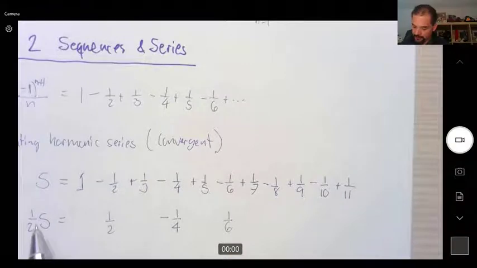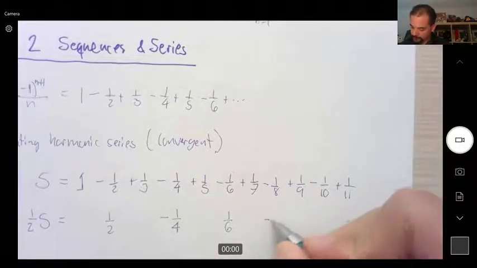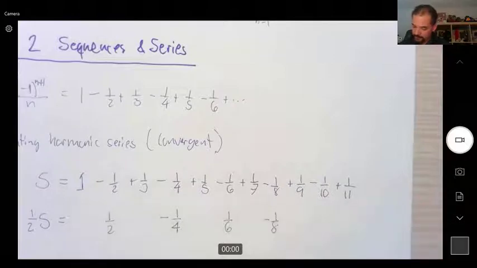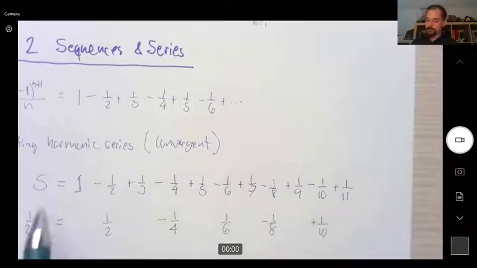And then 1/2 times negative 1/4 is negative 1/8. I'm going to put it here. And then 1/2 times 1/5, that's positive 1/10, and I'm going to put it here, and so on, right? So I'm just multiplying this one by 1/2, but I'm placing them like this because of the following.